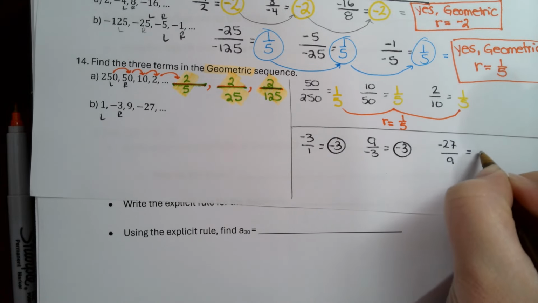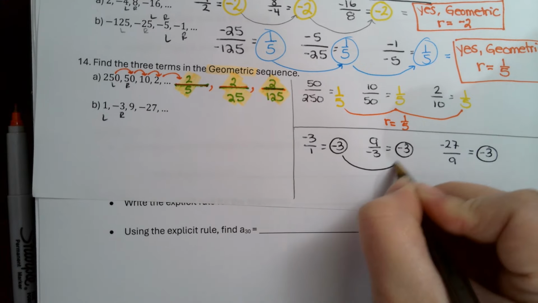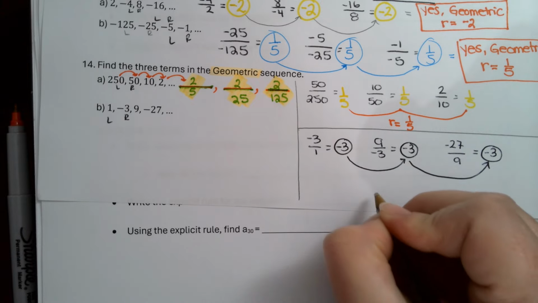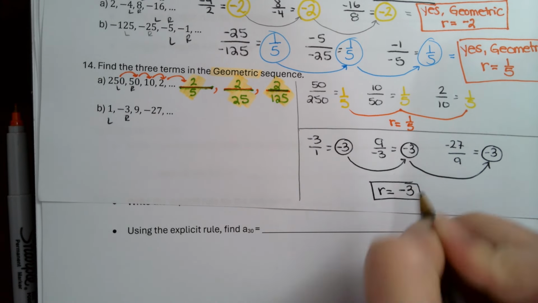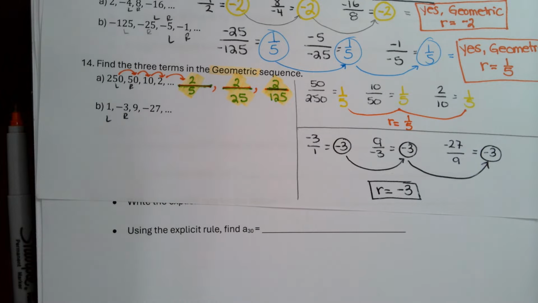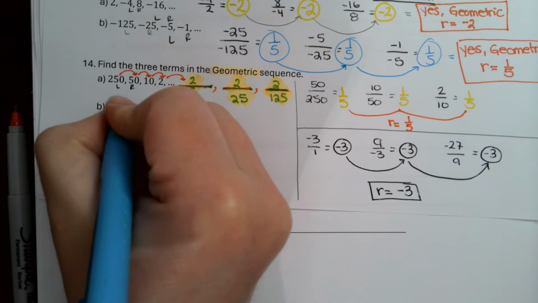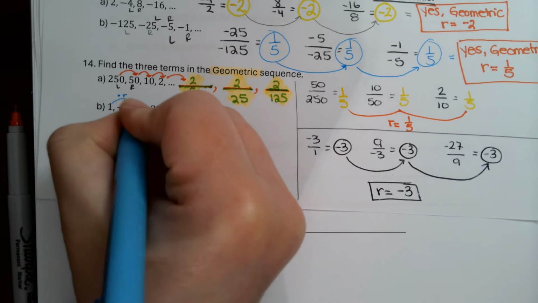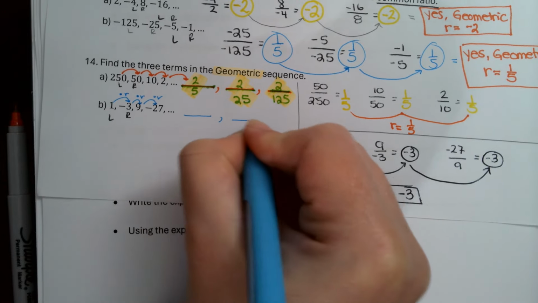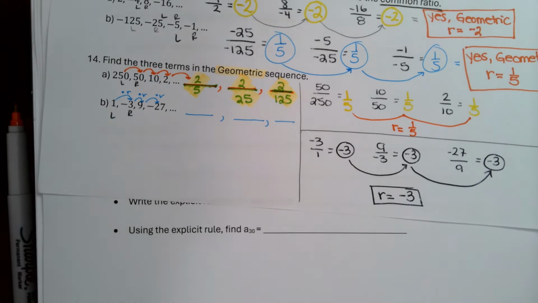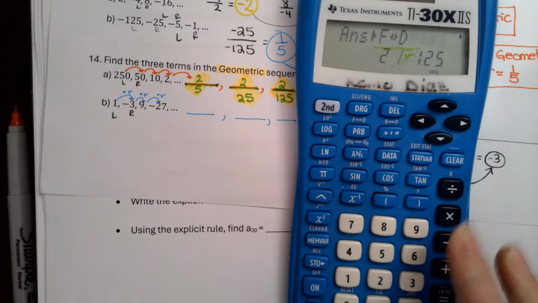And -27 divided by 9 is -3. What does that tell you? Yes, it is geometric. There is a common ratio of -3. So what does that mean? With each jump, I am going to be multiplying by my common ratio. That will give me a pattern, which then will give me my next three terms.